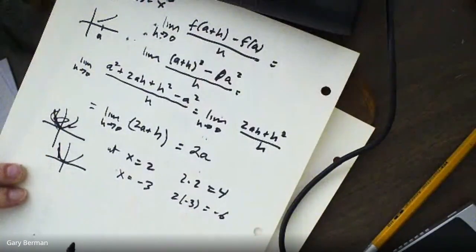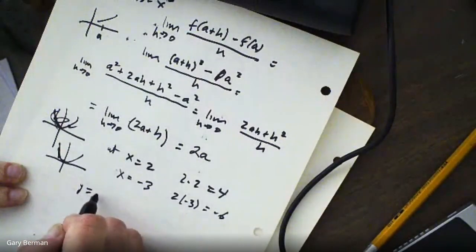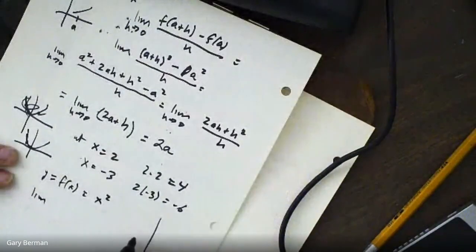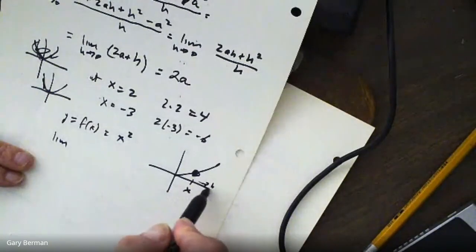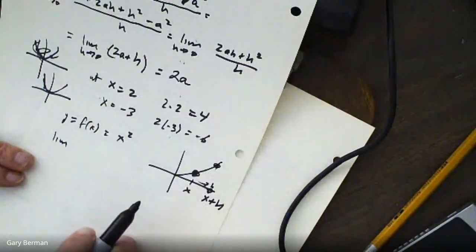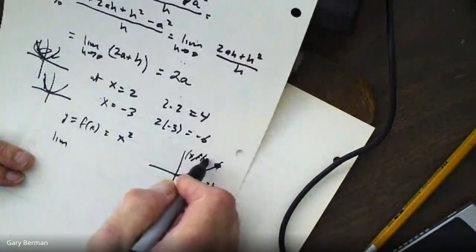The even more general way of doing this problem is to just say, okay, I have f of x is x squared. Take a point x. Don't even bother bringing in the letter a. Go up a distance h. So now you're at the point x plus h. The coordinates of this point are x comma f of x.